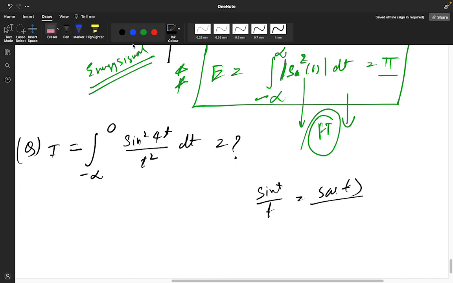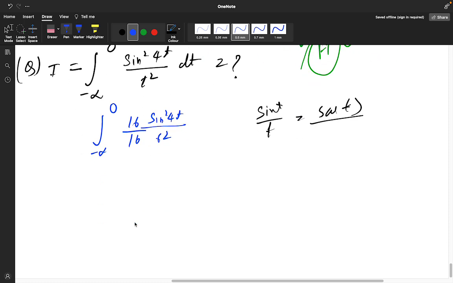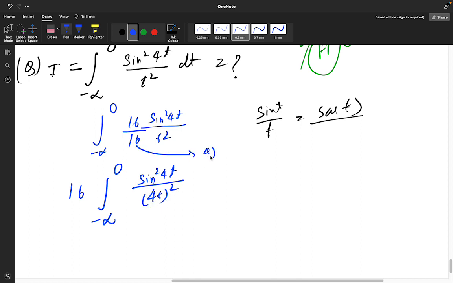Let me do it correctly. So what I am doing, minus infinite to 0, I am multiplying 16 upside, 16 downside. Sine square 4t divided by t square. I can write 16 outside, minus infinite to 0, sine square 4t divided by 4t the whole square. Means I am making this 16 as 4 square, and 4 into t the whole square.